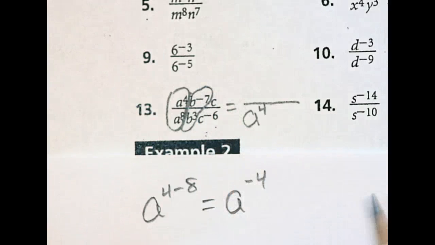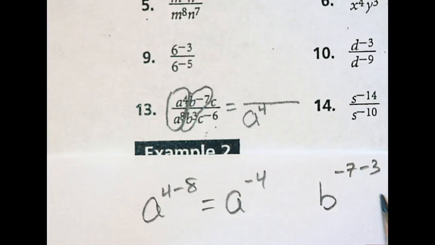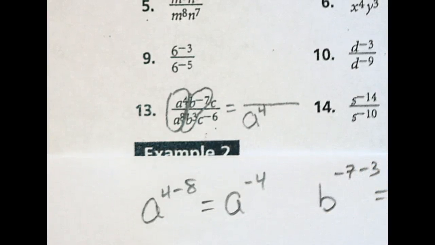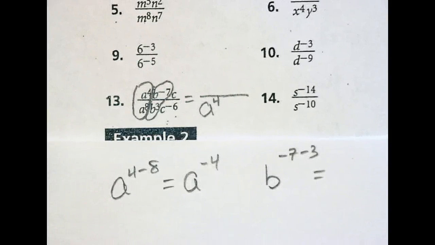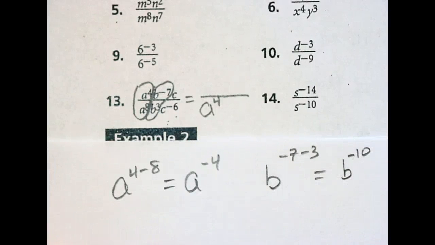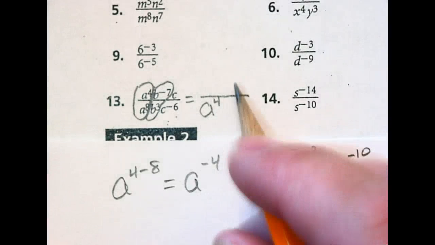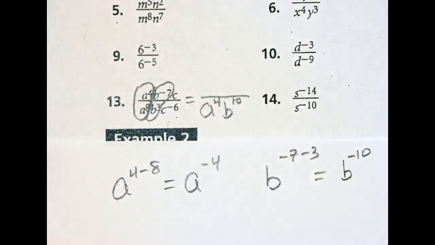We have b to the negative 7 minus 3. What do you guys get? Negative 10, right? So that's b to the negative 10. It's negative. Where does it go? Top or bottom? Bottom, and becomes positive.